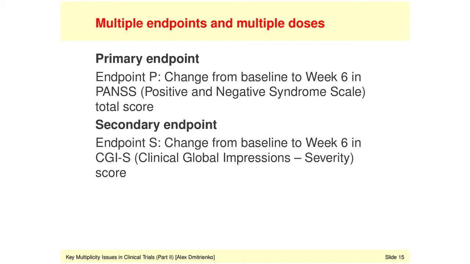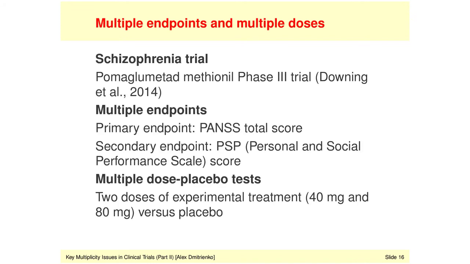And in general, the Clinical Global Impression Rating System includes several scales, including, in addition to this one, the improvement scale. It will be important to add here that there are lots of other examples of multiplicity problems with a very similar structure. In these problems, multivariate multiplicity is induced by the evaluation of several endpoints at multiple doses of an experimental treatment compared to placebo or sometimes to active control.